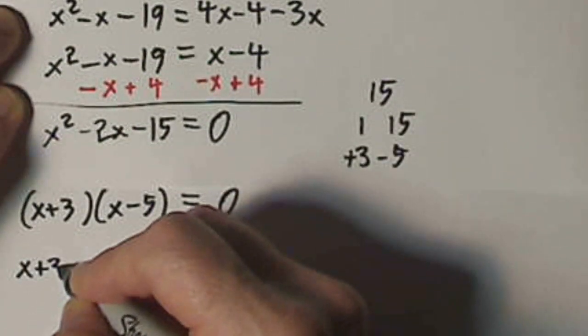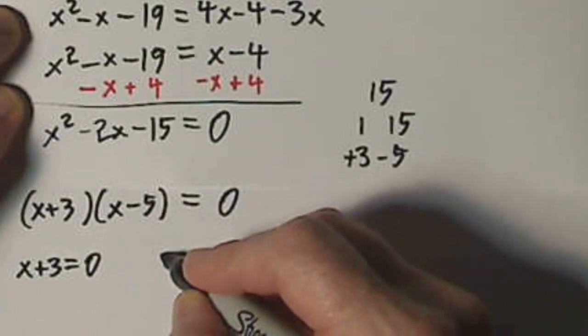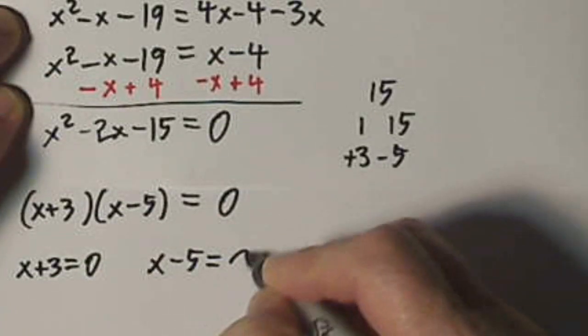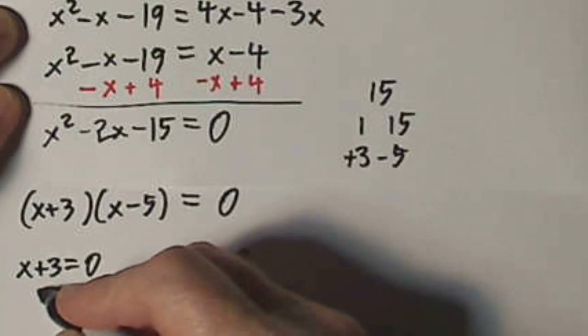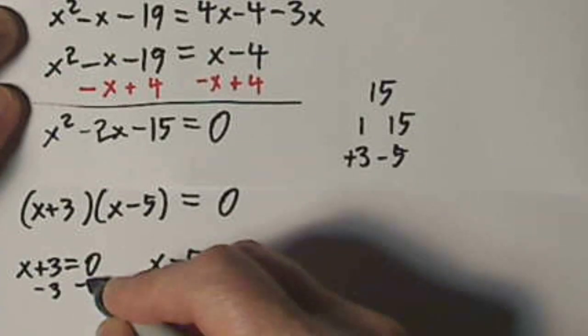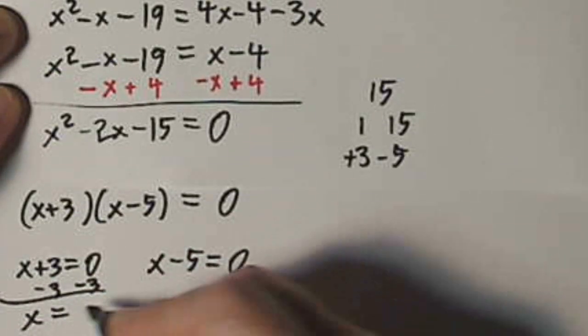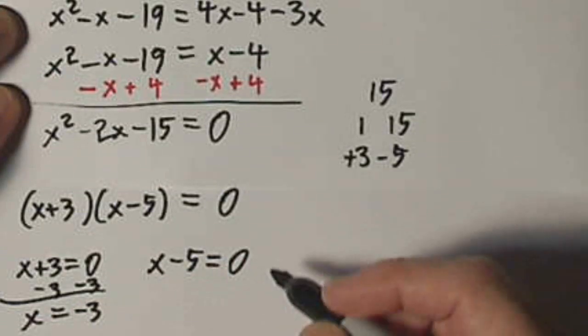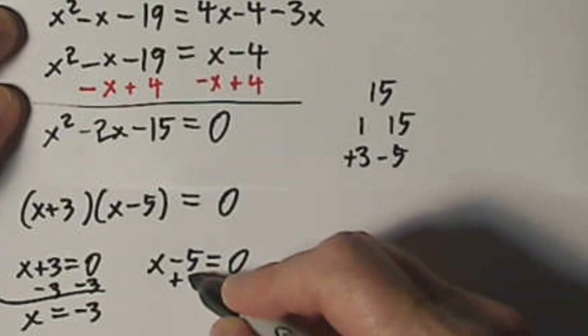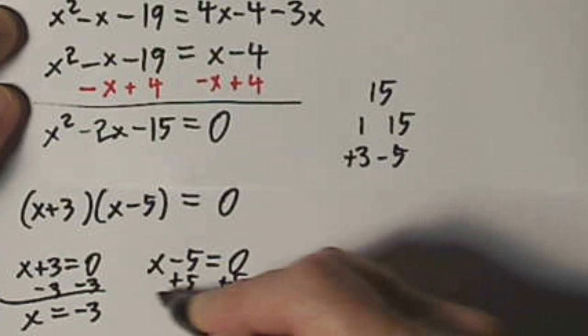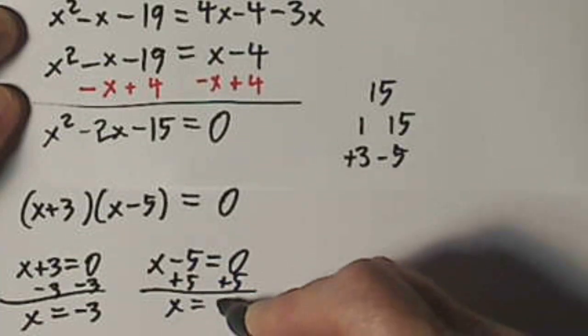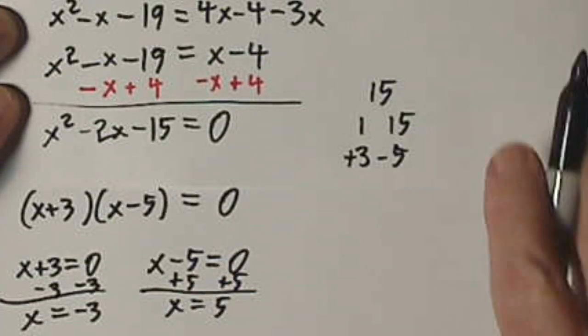So x plus 3 equals 0, or x minus 5 equals 0. And get rid of the 3. So you found out that x equals negative 3. And over here you would add the 5. So we have x equals 5.